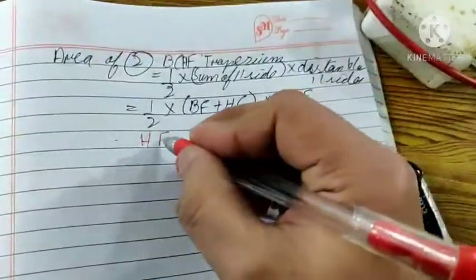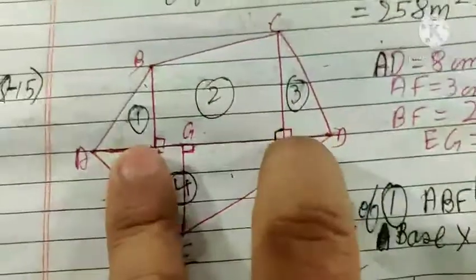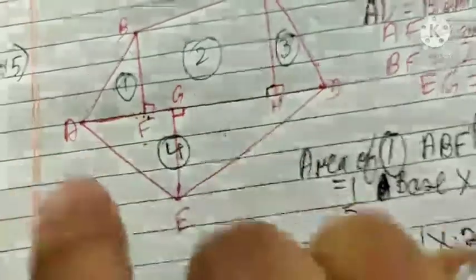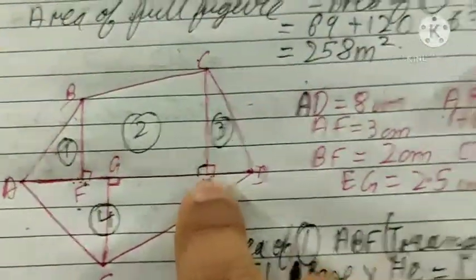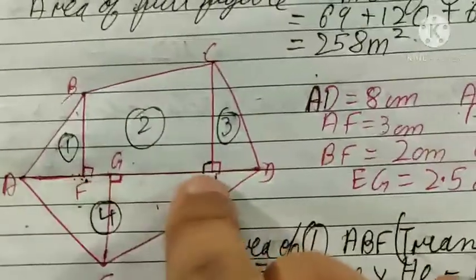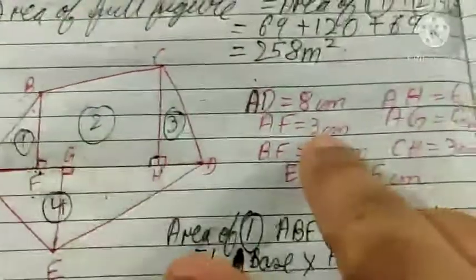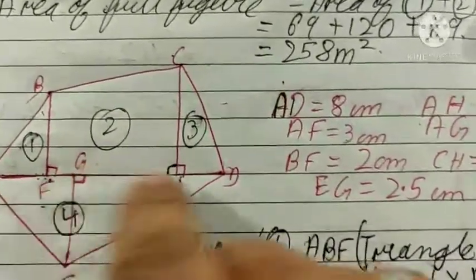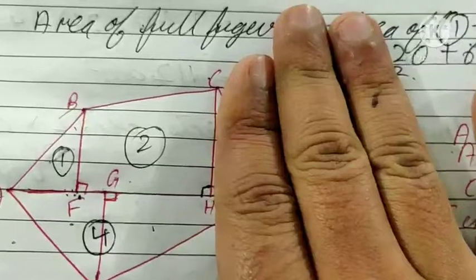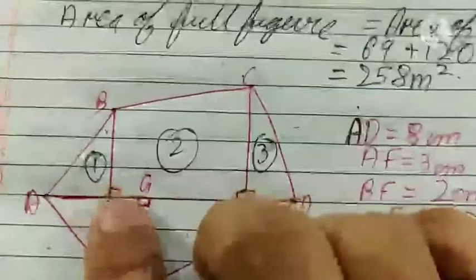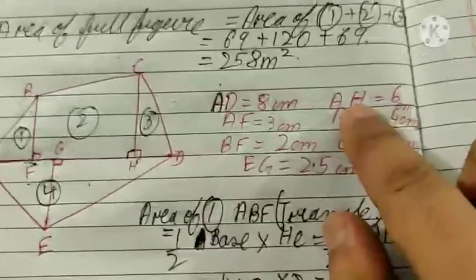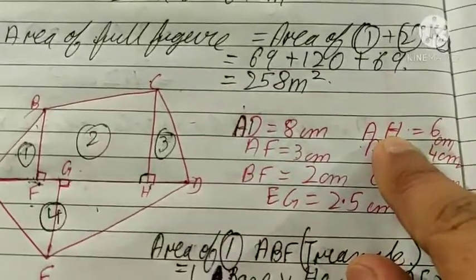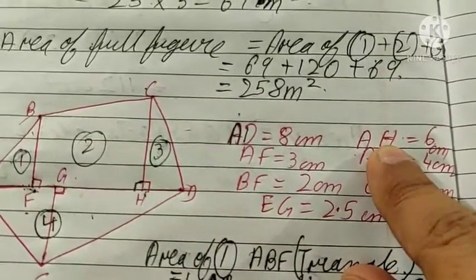Here if we see this HF, this part, okay. If we have the length of AH, that is 6, and we eliminate this length of AF, that is 3, we will get the length of HF. Okay, AH minus AF will get the length of HF. So AH here is 6 and AF here is, wait, 3.